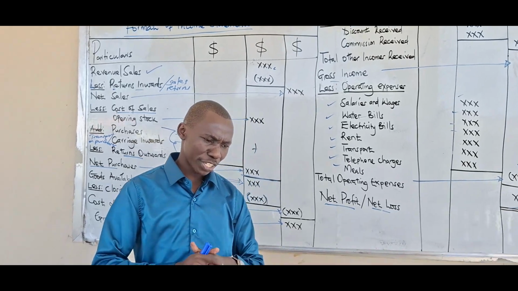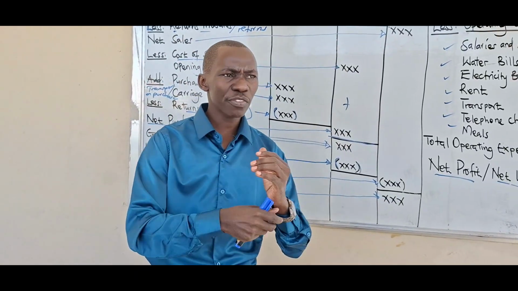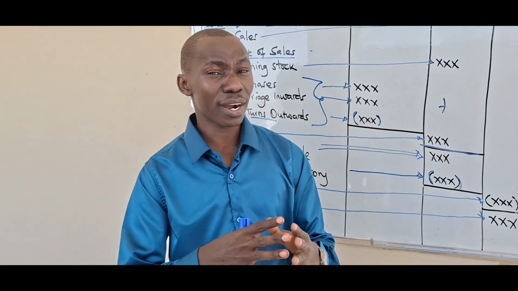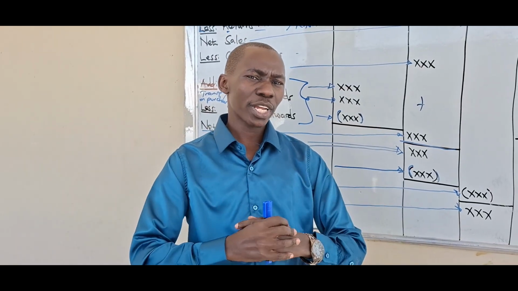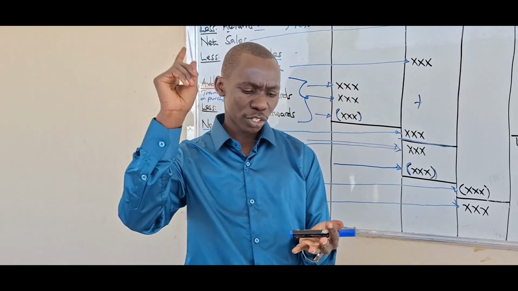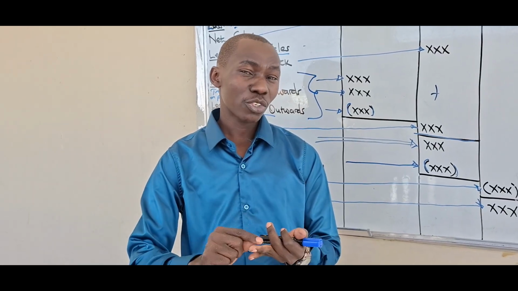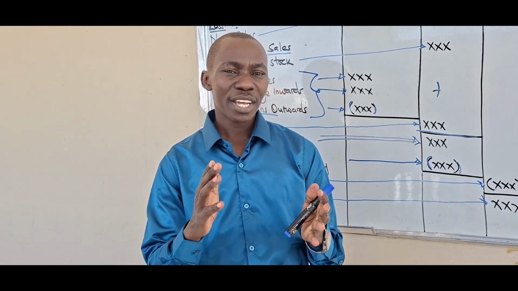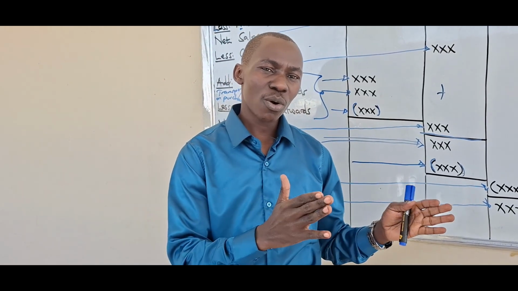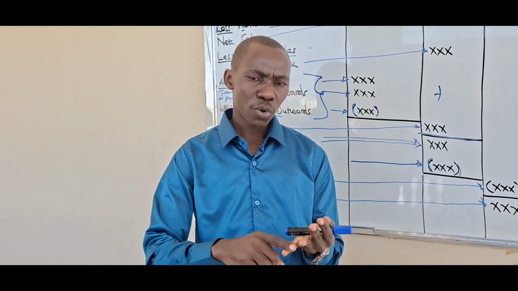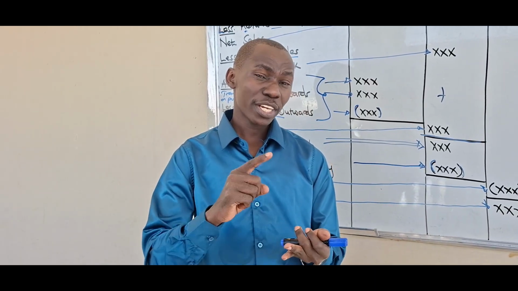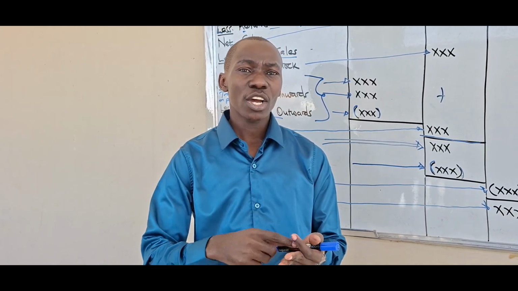I want to make a note here. From the previous video where I was talking about ledger accounts, I talked about two types of ledger accounts: nominal accounts and real accounts. I said nominal accounts are those accounts that show income, expenses, gains and losses.